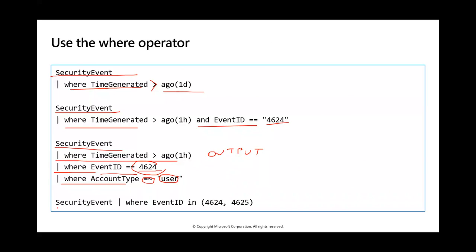And in the last example, we are calling the same table using the pipe with the where operator, event ID in, and we are looking at two possibilities, 4624 or 4625. And if there is a matching for all those properties, then we will see a result with these two event IDs, not just looking for a specific one, but looking for two possibilities.